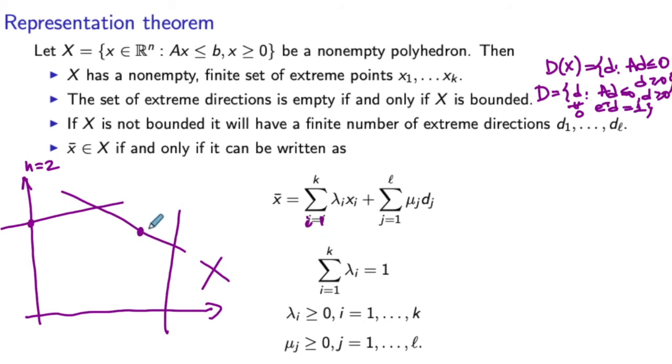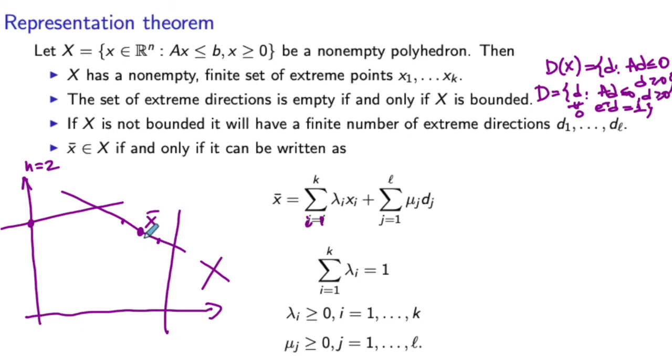So let's say it is here. Now, since x bar is not an extreme point, it can be represented as a convex combination of 2 points from the set x capital, right? So let's say we have these 2 points right here, and x bar is the convex combination of these 2 points.